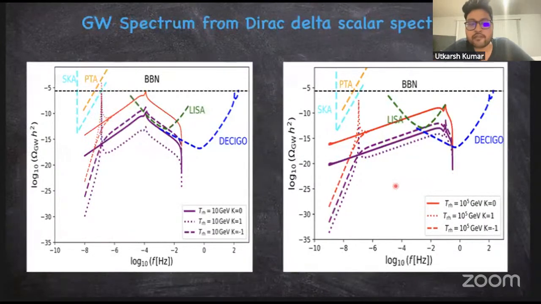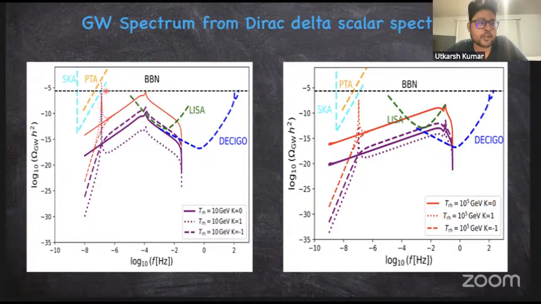And we see that for the low reheating temperatures, there is a clear difference in each spatial geometry of the universe, a clear difference from the flat universe, while this difference dies as we increase the temperature to higher values.